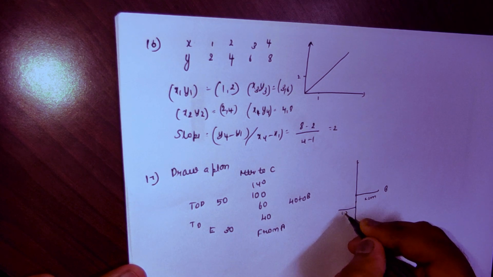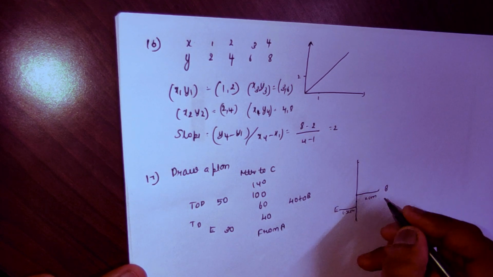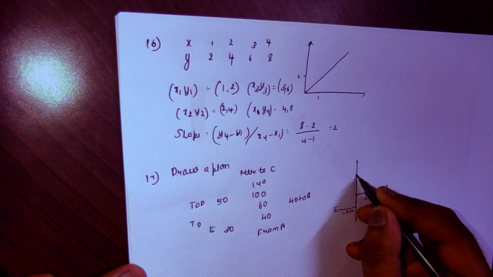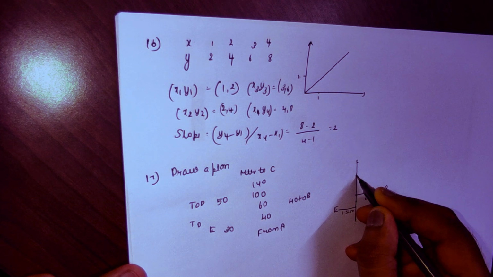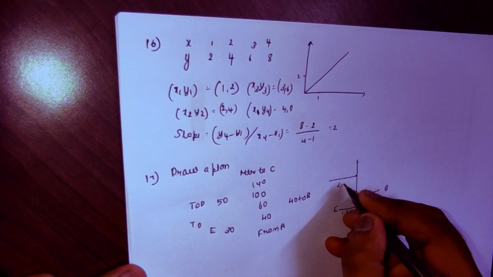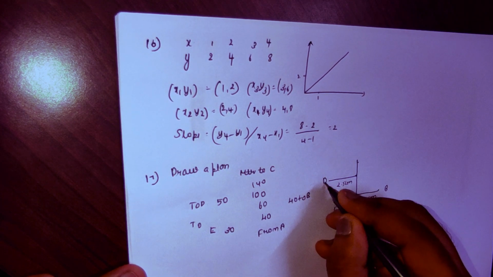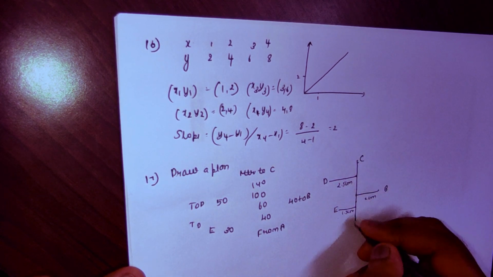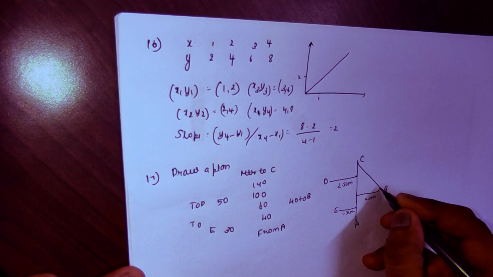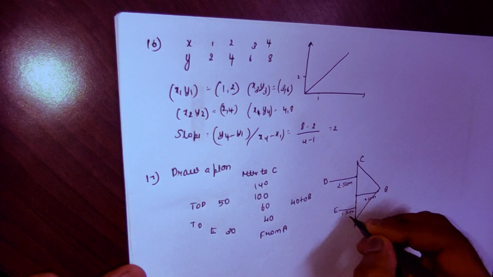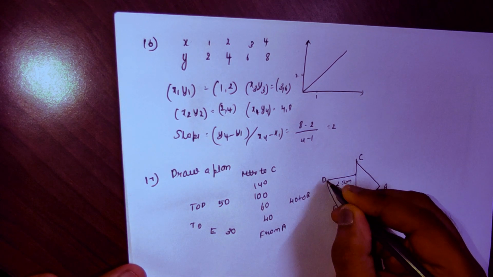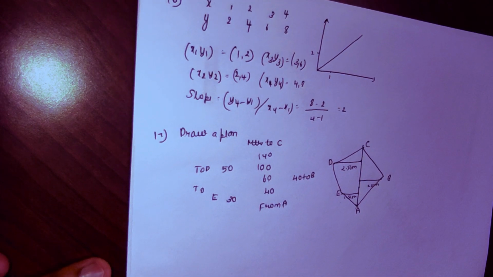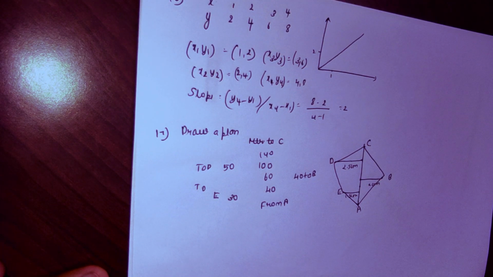From here 1.5 centimeter, that is E. Now from 100, that is 5 centimeter, draw 2.5 centimeter here, that is D. Then this is C, this is A. Join everything, whatever you obtain. That is the plan for this given information.